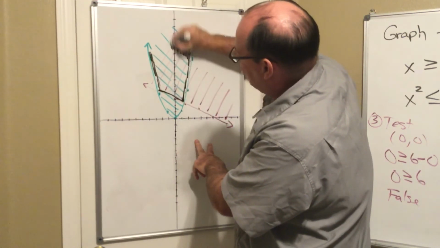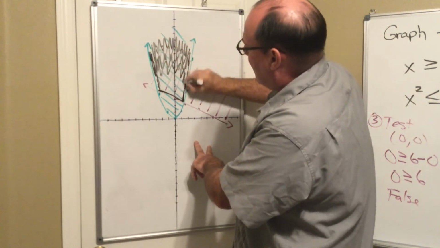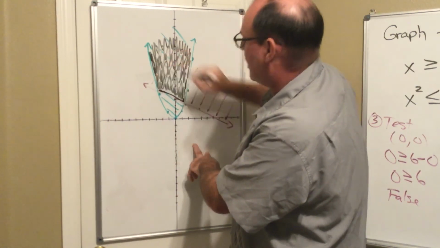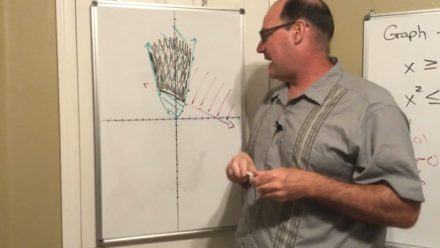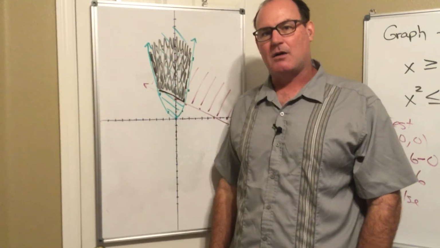So I'm just going to shade this in a different color. You can make it darker if you're just using pencil. On the test, if you don't have different colors, just let me know where the solution is by using an arrow. And that region right there is the solution to the system of inequalities.